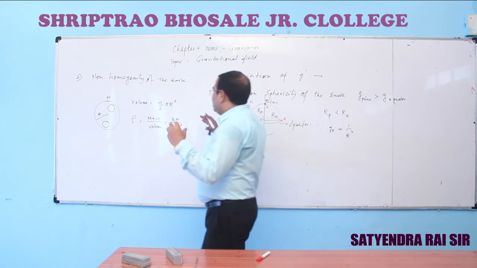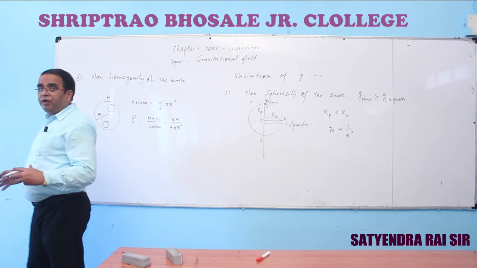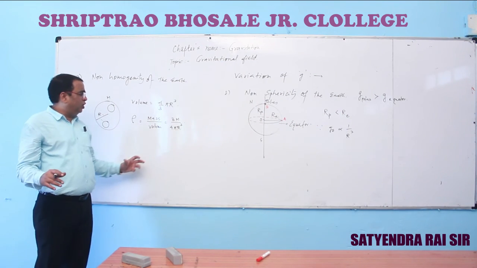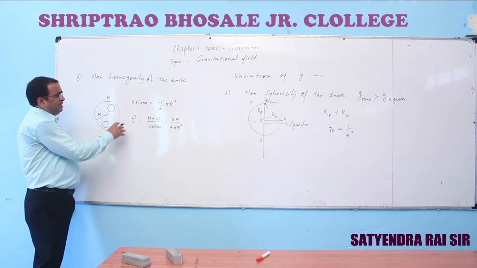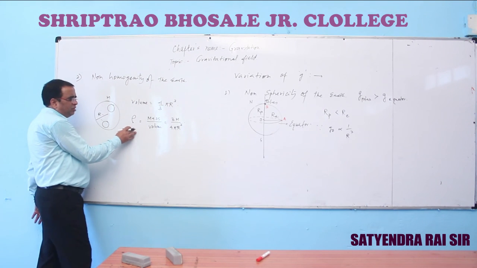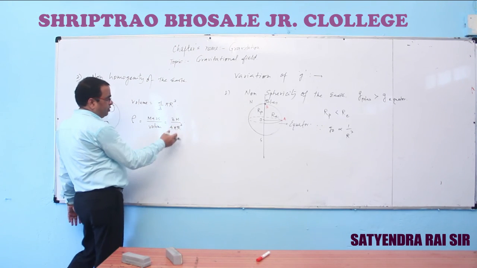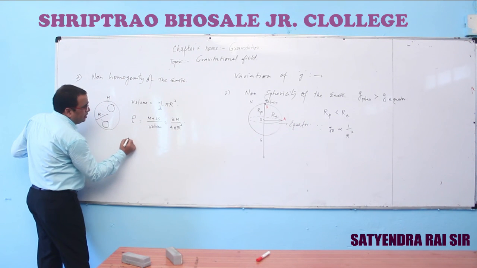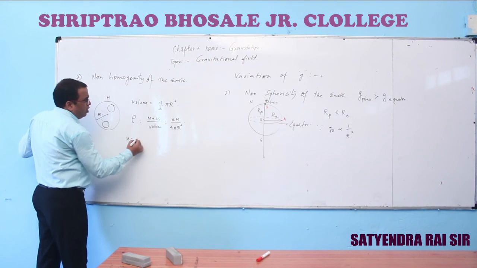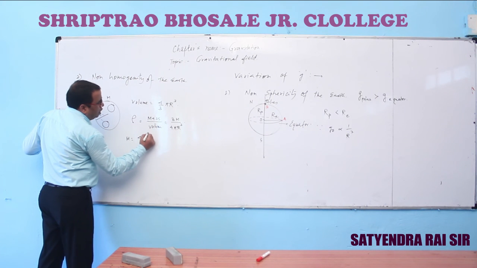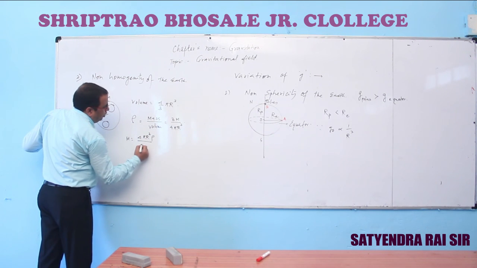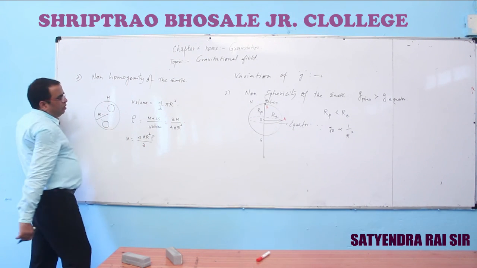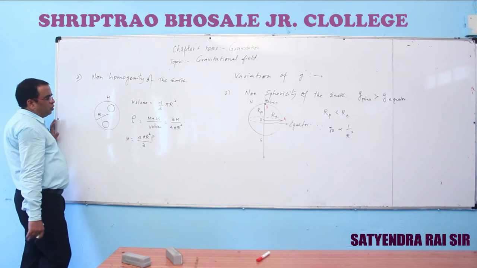Earth is not a homogeneous sphere. Since Earth is not a homogeneous sphere, its density is not uniform, so in place of volume we check mass. If I put mass, then M can be written as 4 pi r cube into rho upon 3.